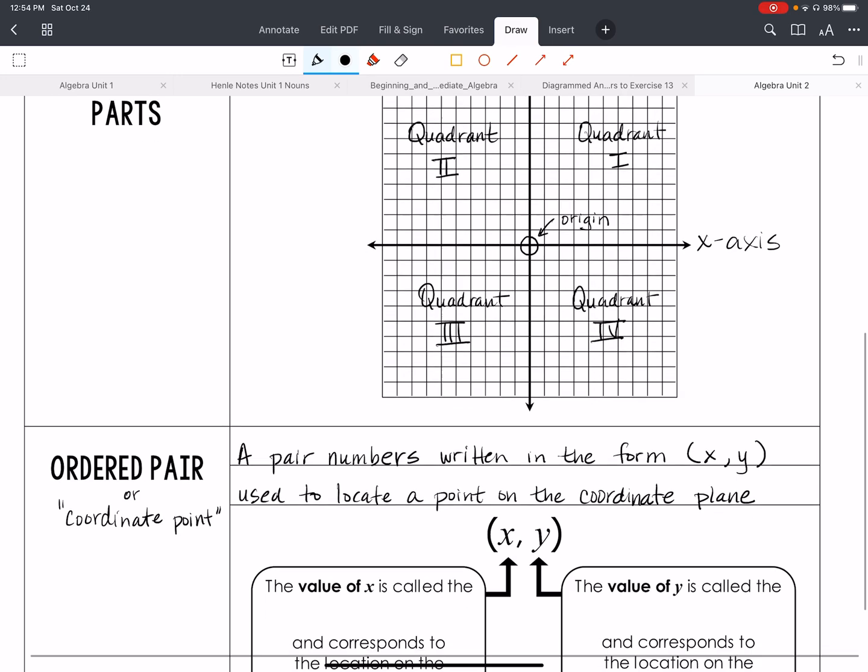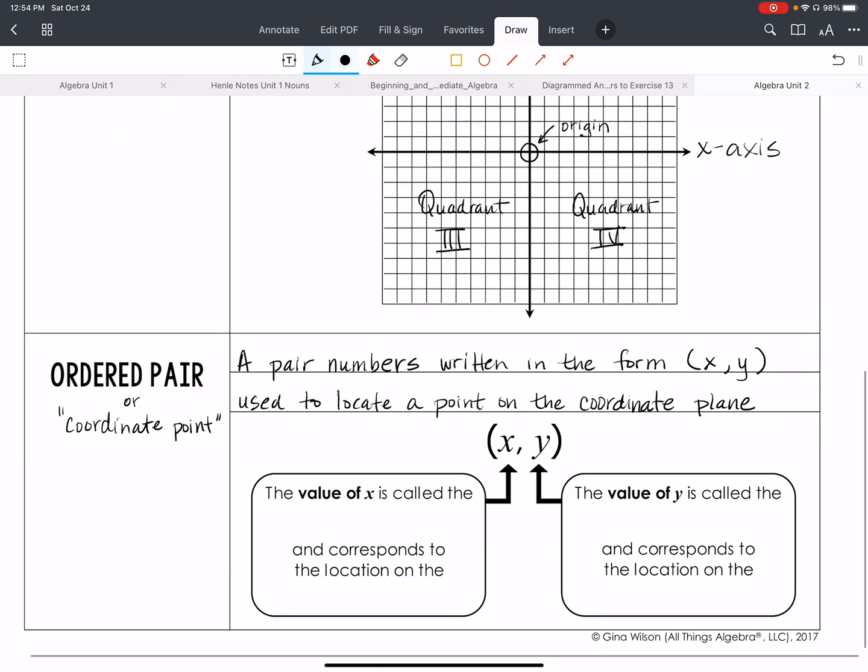Okay. So here's the kind of big picture of an ordered pair or a coordinate point. So there would be a number in the x position, there would be a number in the y position, and those 2 numbers would represent the answer for each variable. Now, sometimes that number, we can refer to that as the value of x, will be called all by itself the x coordinate, right?